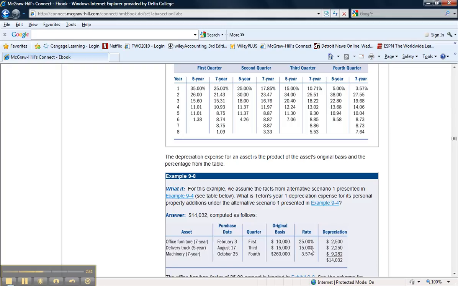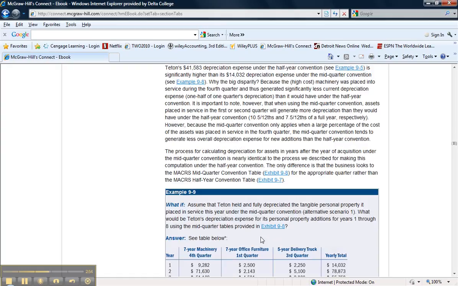It would use a rate of 15%. Let's see, delivery truck, third quarter, 5-year, 15%, because we are in year 1. Okay, and the machinery, back to 7-year property, purchased in the fourth quarter, 3.57%. So you'll notice the depreciation expense is significantly impacted by the quarter in which the asset was placed in service.